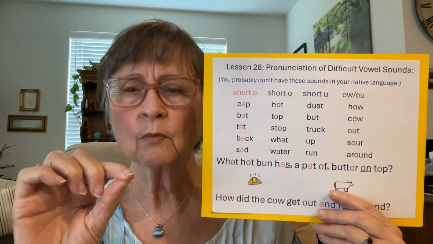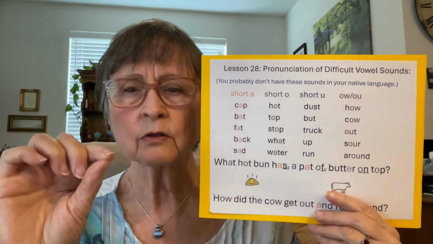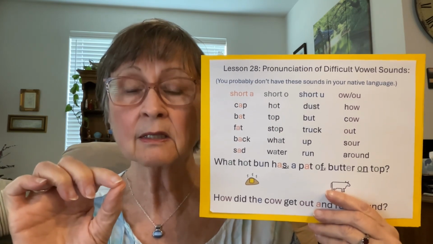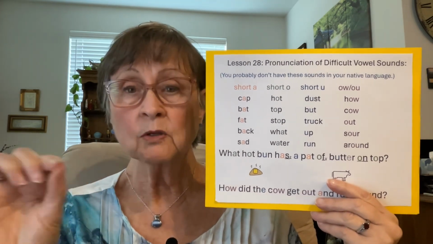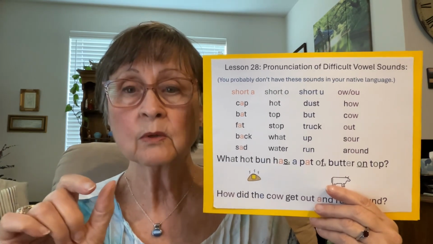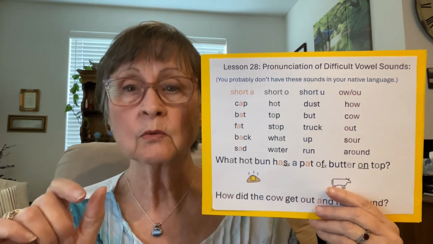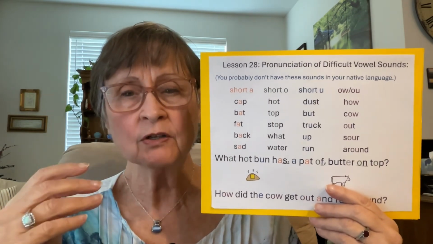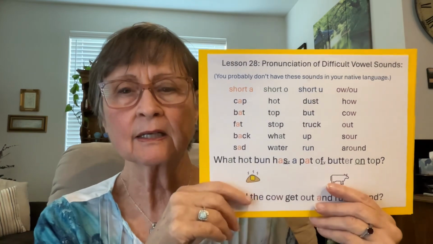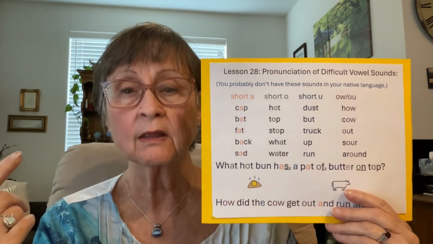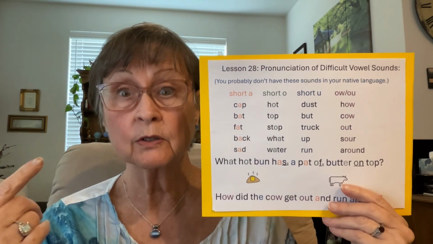Either we change from a lower to a higher to a lower note, or add a little sound at the end that other languages don't like to do. You just want to say, oh, and we say, oh. You want to say, a, and we say, a. And it's confusing, so we need to practice that a little bit. But I'm not going over the long vowels right now. I'm just mentioning that that is also something we want to be able to do.